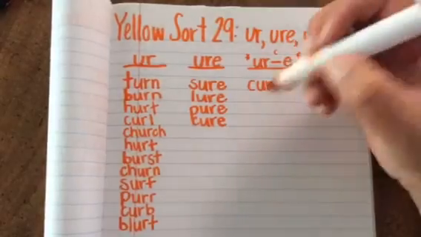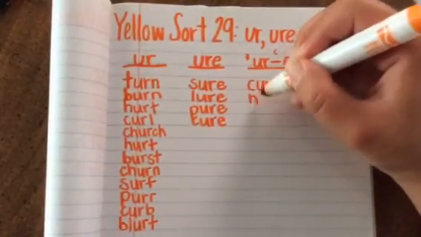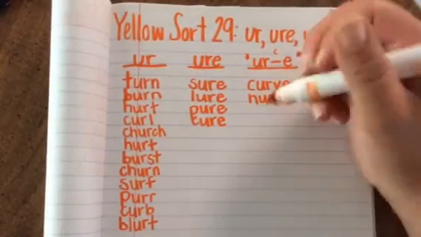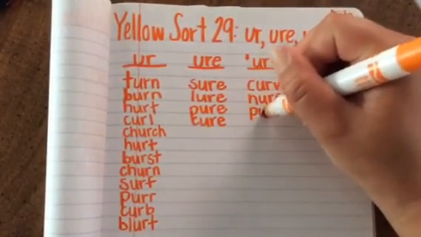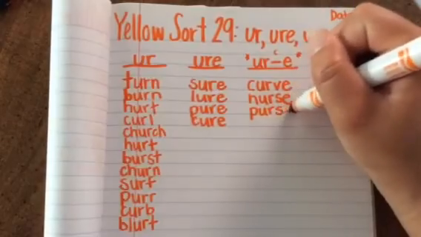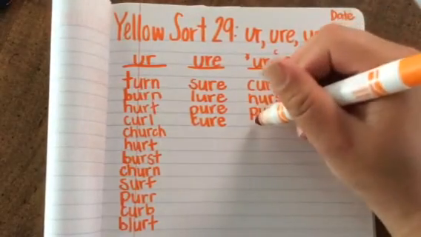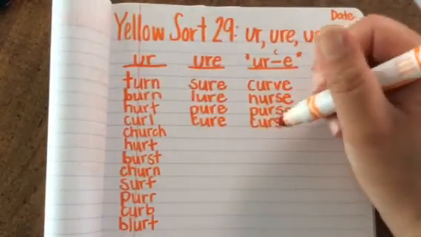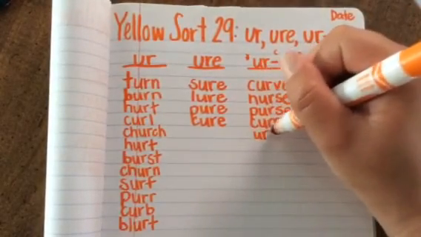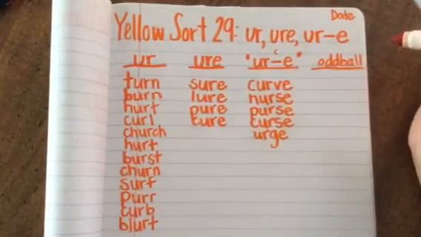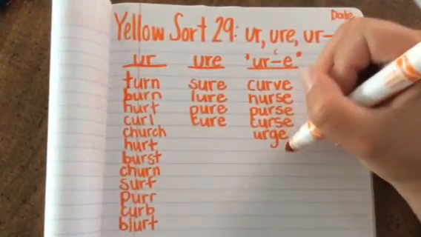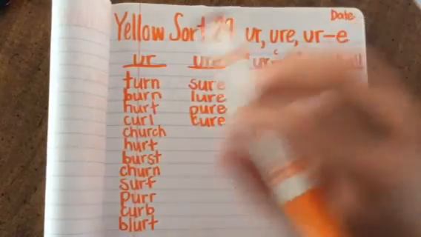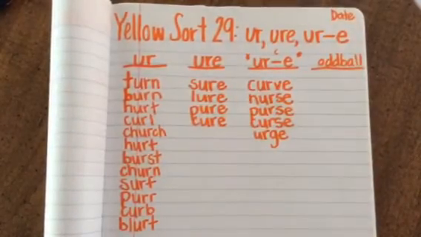So the other words in this category, besides curve, are nurse, purse, curse, and urge. This one, the sound is at the beginning of the word. So again, I'd memorize these 5 to go in this category and know all the other words when you hear it in the middle are just no E.